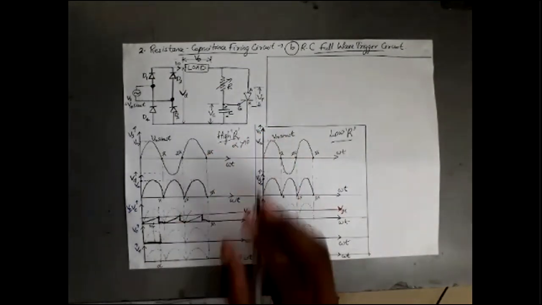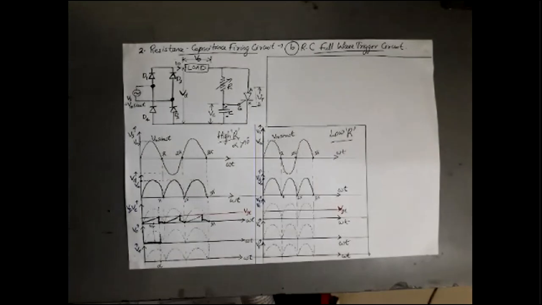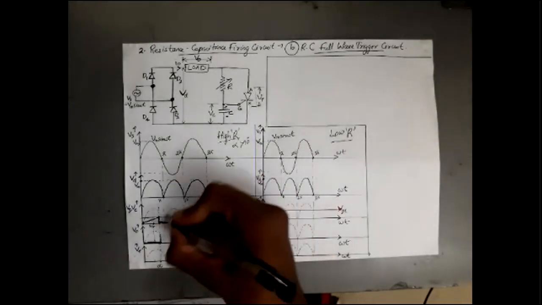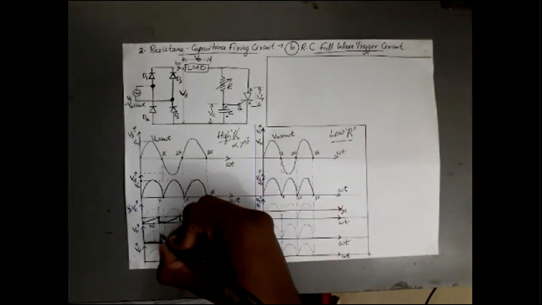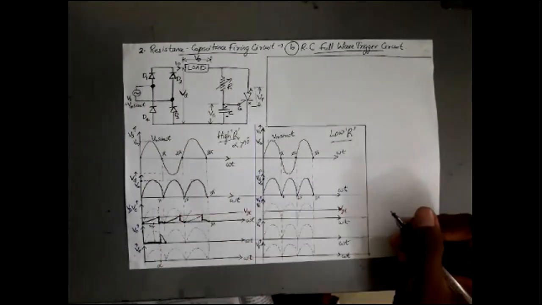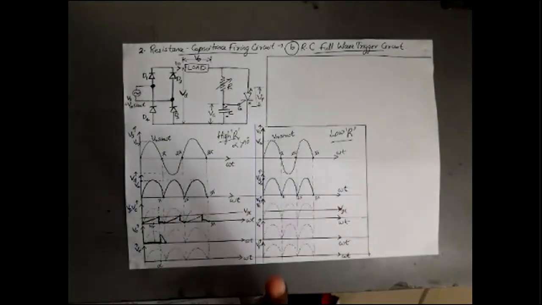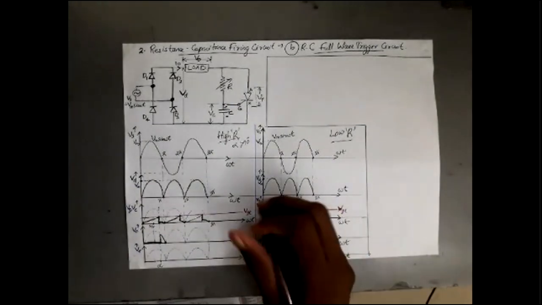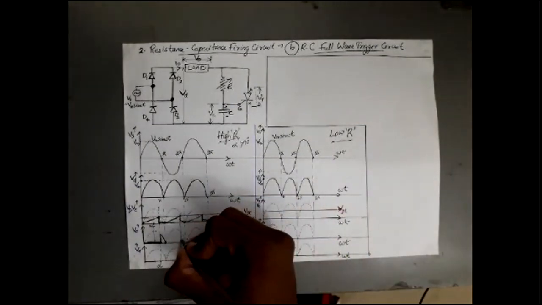It actually takes the path of Vs, but this Vs is full wave rectified now, so it takes the path of Vd. Then up to pi it takes the path of Vd, and at omega t equal to pi, what happens? Again my SCR is in off state until it is triggered again.